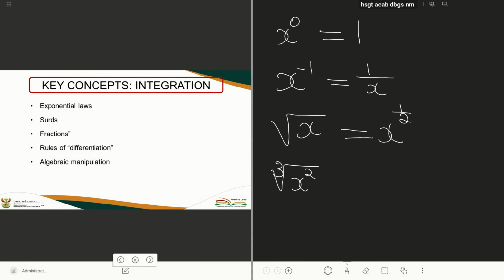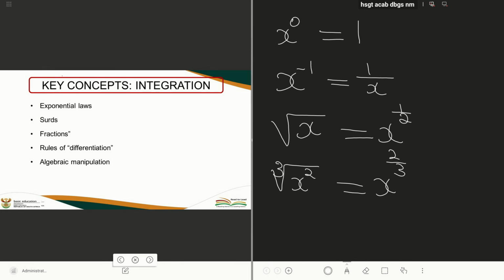Then this will be x to the exponent of 2 over 3. You must be able to work with all these laws because they are the basics of integration.